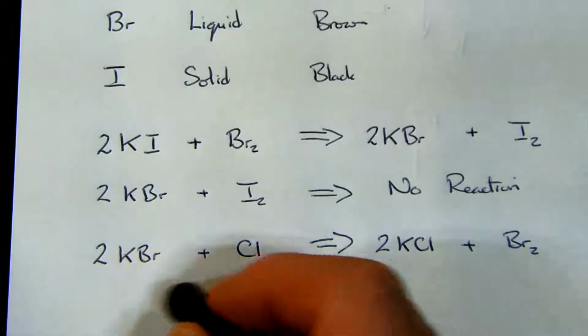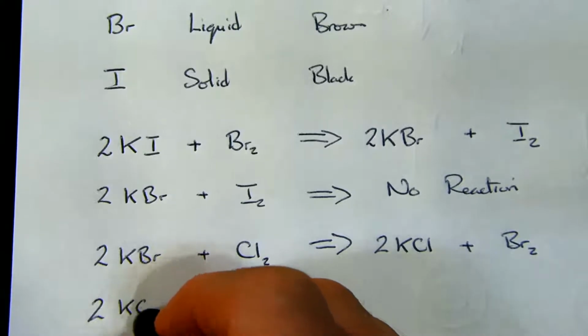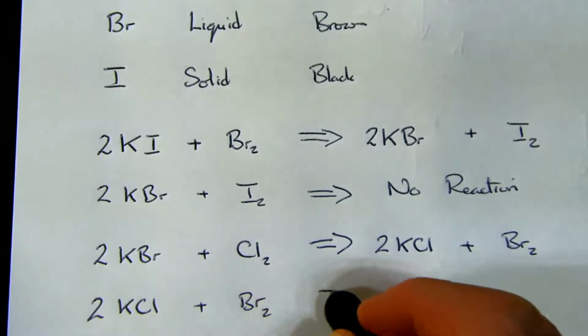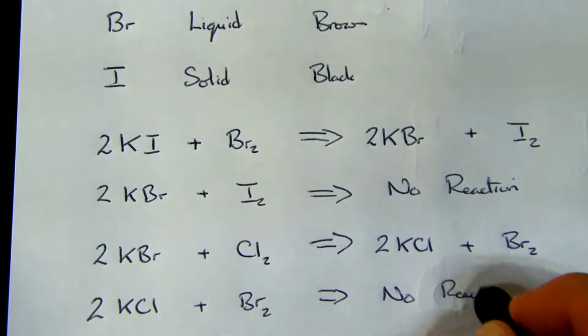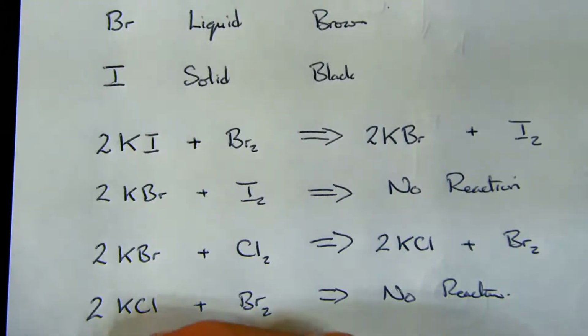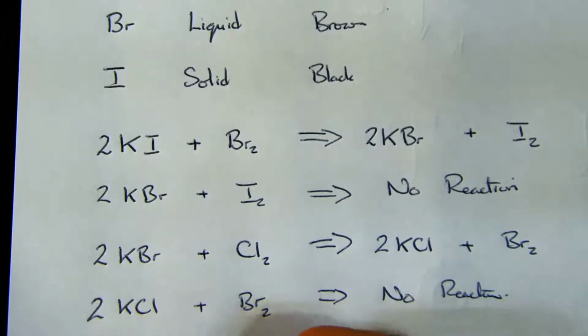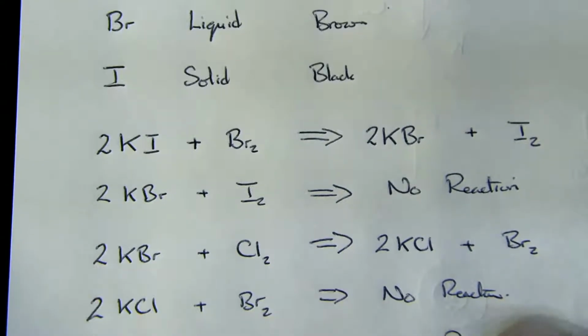If I do the converse reaction, I take 2 potassium chlorides and I add bromine to this, then no reaction. And if I'd taken my potassium chloride and I'd added iodine to it, we'd have also seen no reaction.